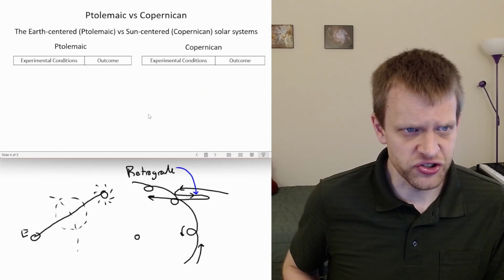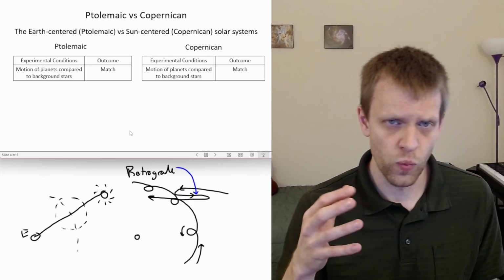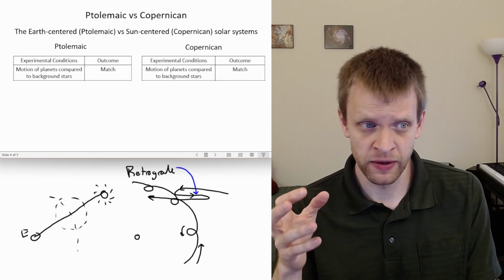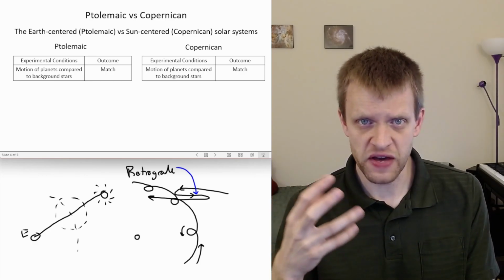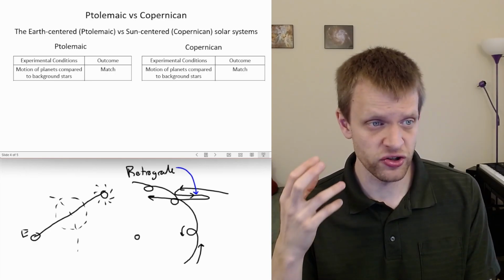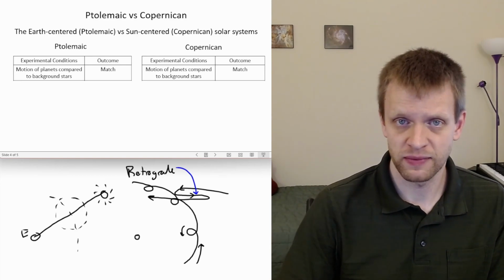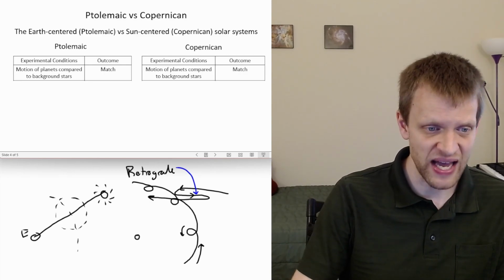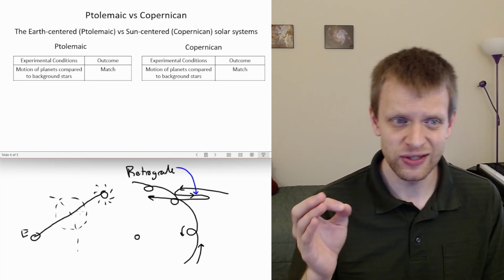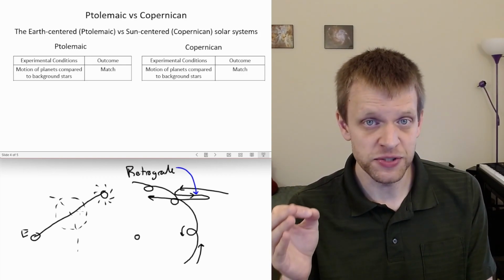So let's look at these two models in a little bit more detail. When we look at how they describe the motion of the planets compared to background stars, they both match up pretty well. In fact, when Copernicus was going through his observations, the Ptolemaic model with these epicycles was actually a little bit better at making these very, very specific predictions.